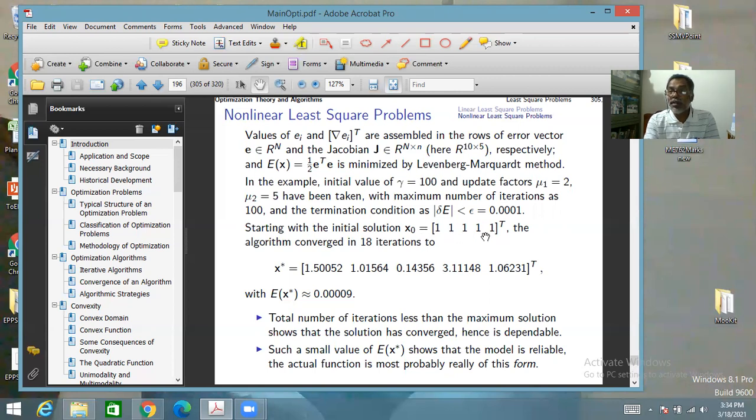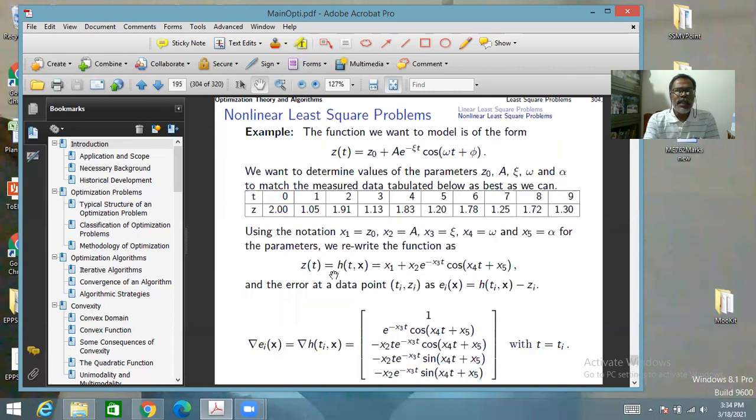Why not 0, 0, 0, 0, 0? Why not start from the origin? The reason is that at the origin, since x2 will be 0, apart from others, these 3 will be zeros. So at the starting point itself, 3 columns of the Jacobian will be totally 0, which is something very awkward, and it will be very bad for the health of the method.